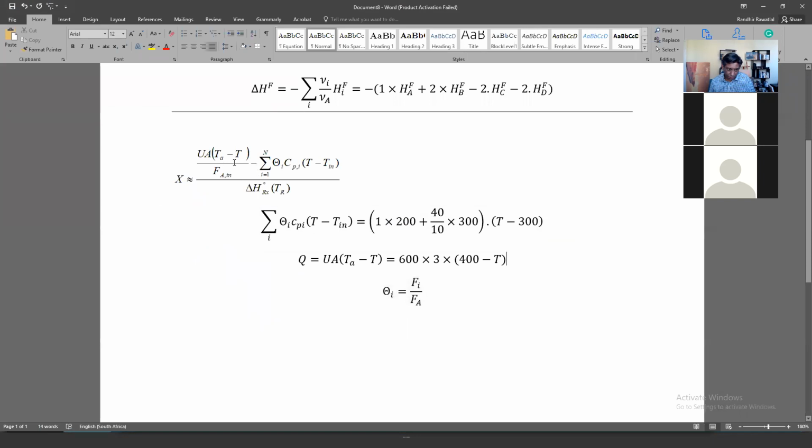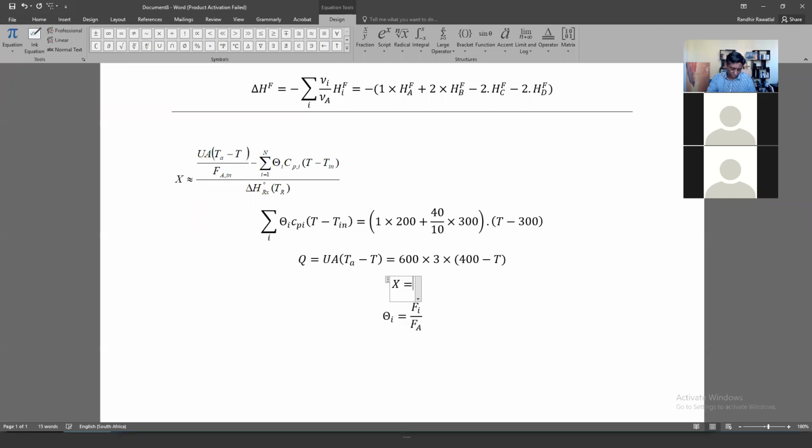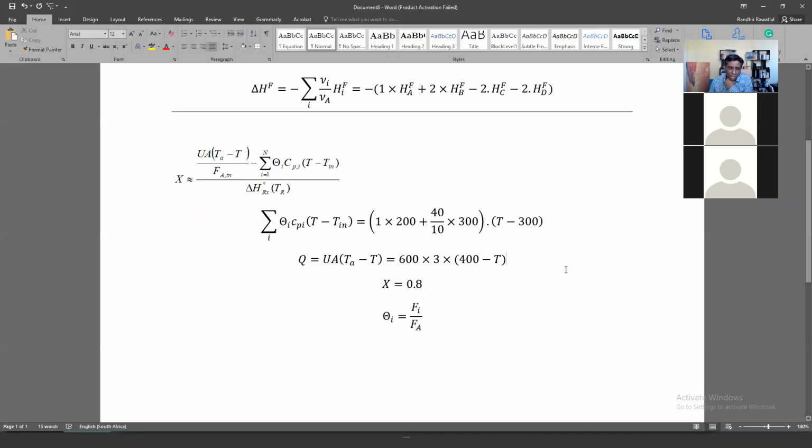Okay, so that's that term, that's that term, that's there. And we are told that the conversion is 80%. So we are simply given x equals 0.8. Okay. And in fact, that's it. You now have this term is only a function of temperature T, the reactor temperature.